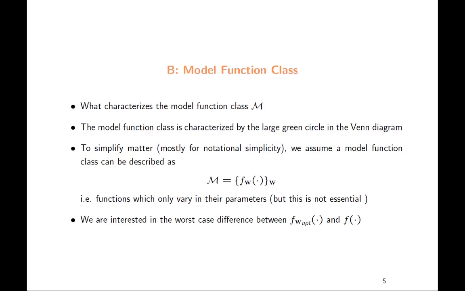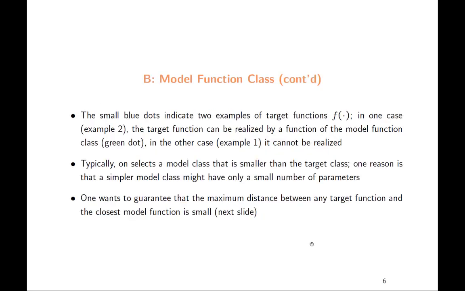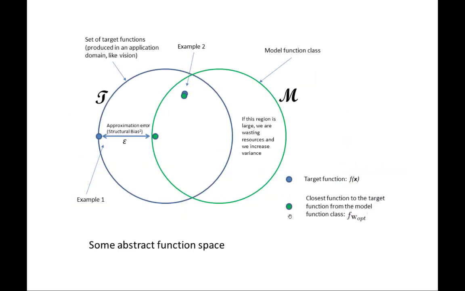One thing we are interested in is the worst case difference between the optimal one out of this class and the actual target function. So let's first maybe look at the picture before we discuss the other slide.